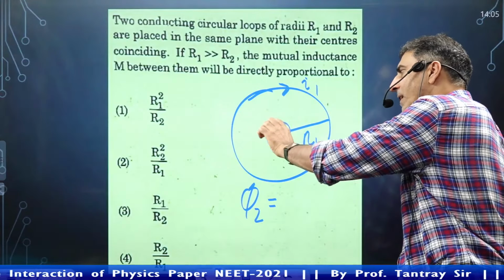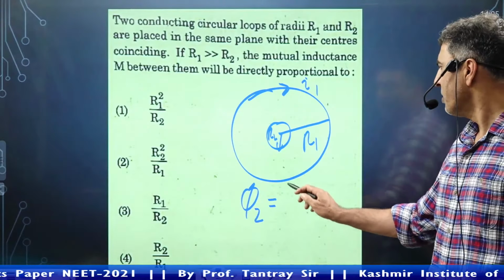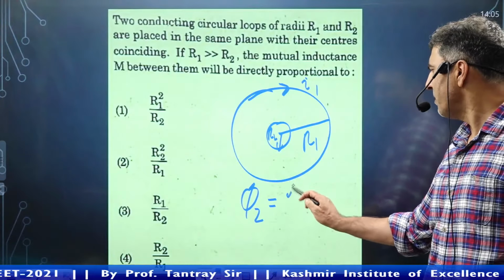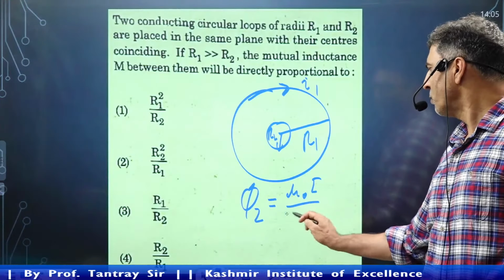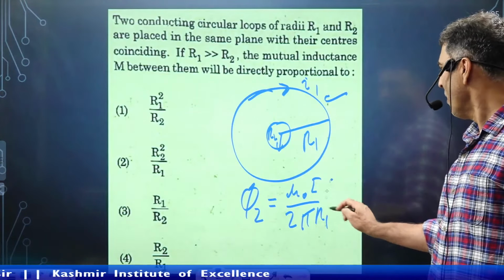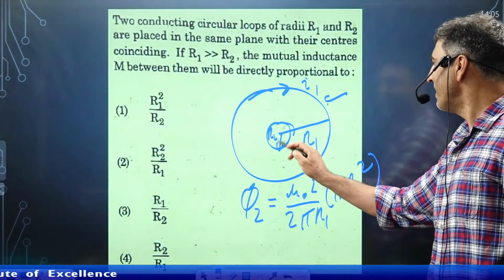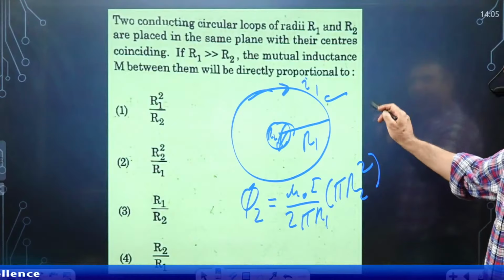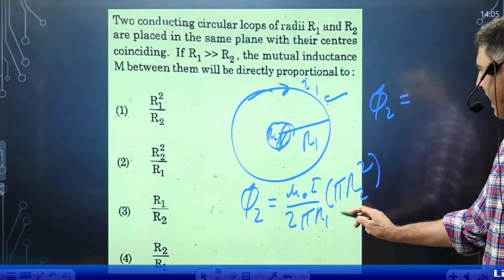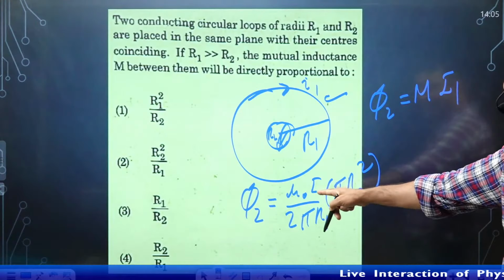So I have to find the flux through the inner, that's phi 2. The magnetic field is mu 0 I1 by 2 R1, multiplied by pi R2 square, because that is the area of the inner loop. So phi 2 is equal to M times I1. This is I1.